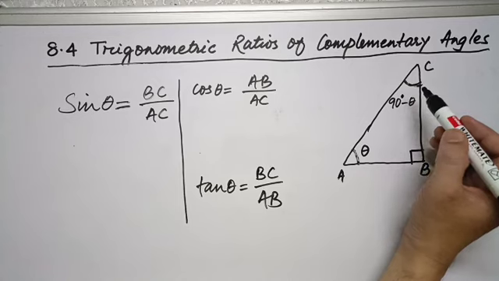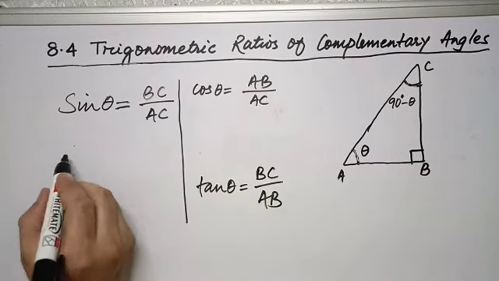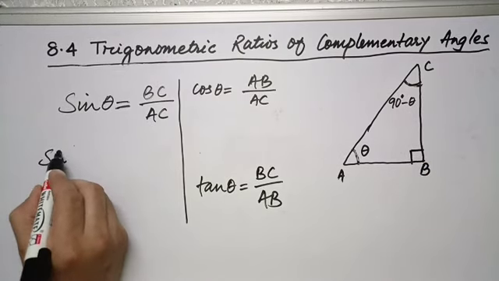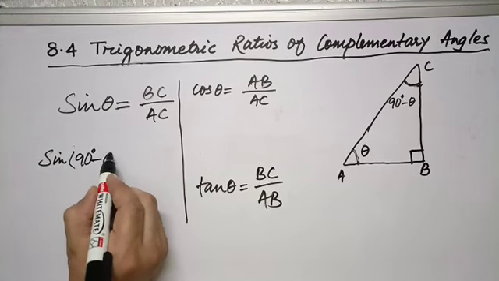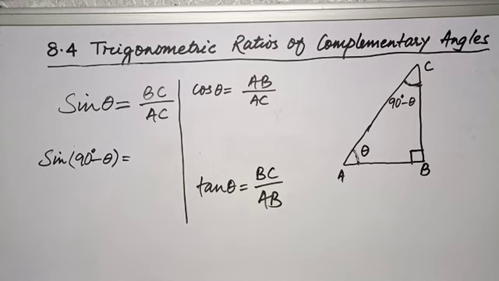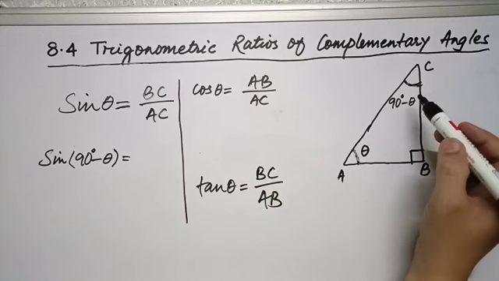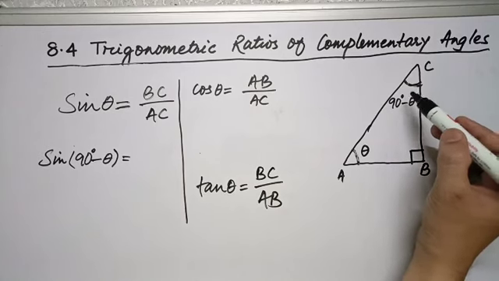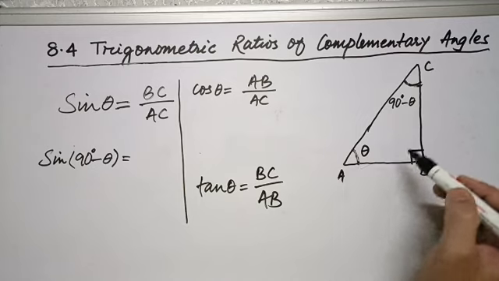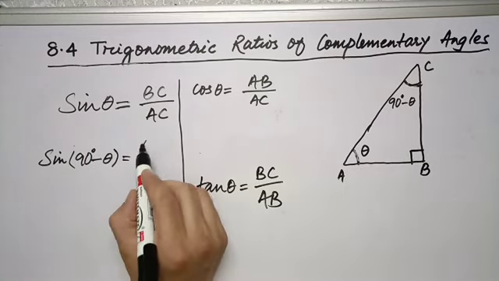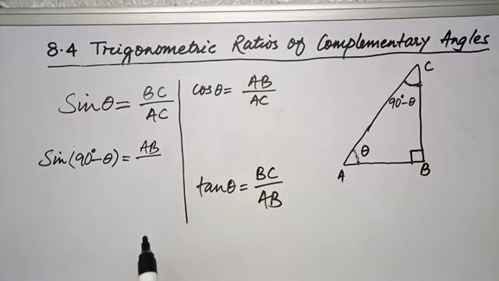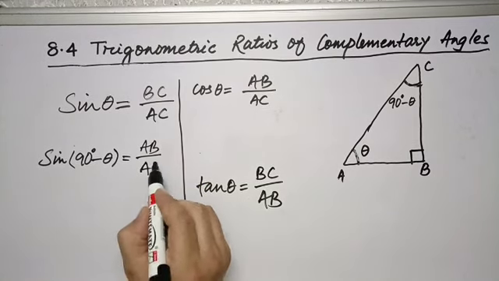If I take this as the angle and check the value of sine, then I'll write sine of 90 degree minus theta, and the ratio of sine is opposite side by hypotenuse. If you consider this angle, then this will be your opposite side, that is AB, and hypotenuse will remain the same, that is AB by AC.